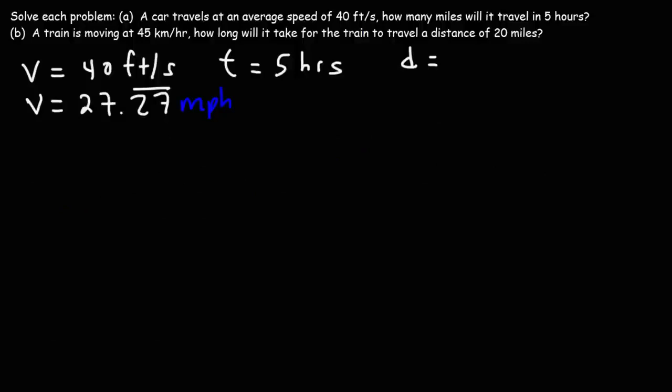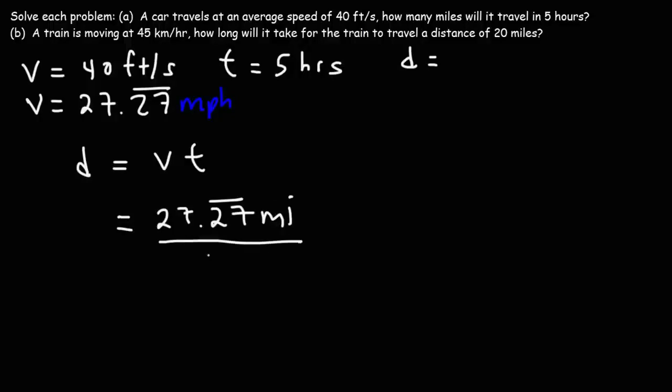So now let's go ahead and calculate the distance. The distance is going to be the speed multiplied by the time. So V is 27.27. We have miles on top, hours on the bottom. And then we're going to multiply it by T, which is 5 hours.